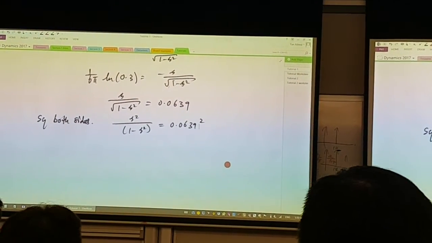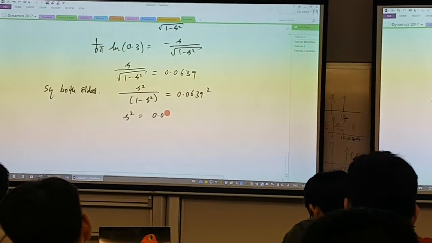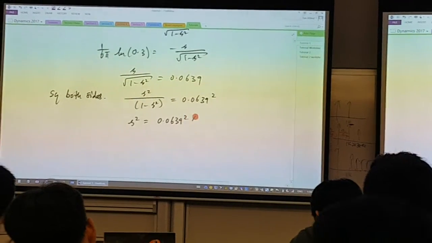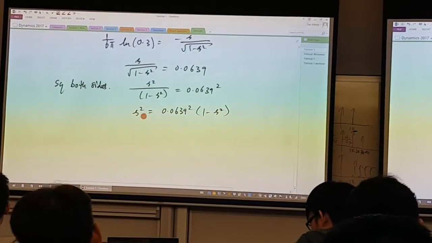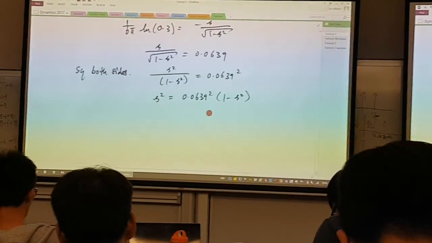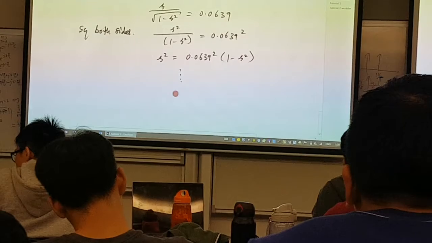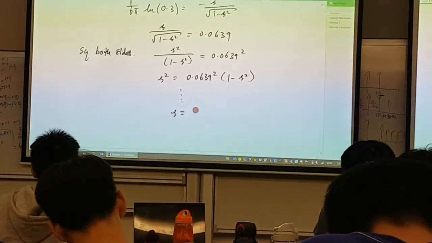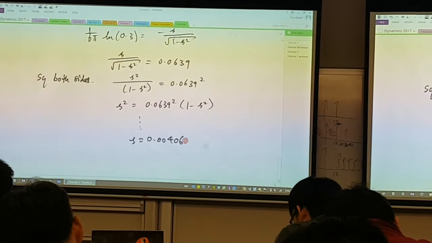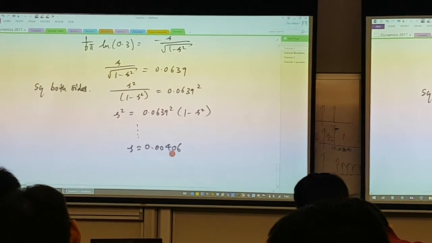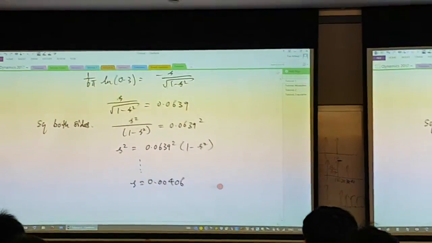And once you have that, you can multiply it in. Now surely you'll be able to solve this one. So do that one. Zeta equals 0.00406. Is there units for zeta? No. So you don't have to put down any units as well.